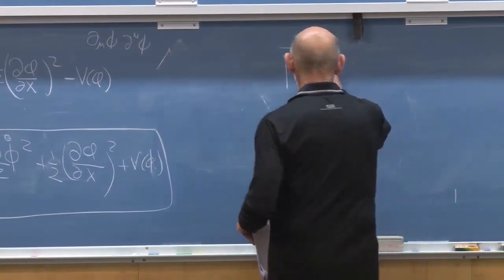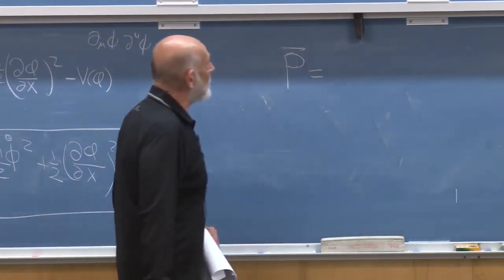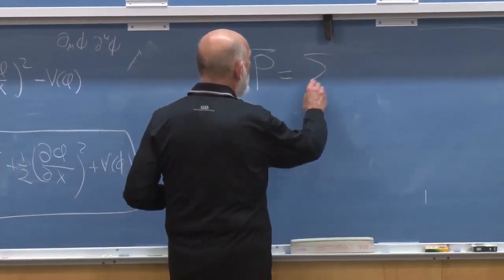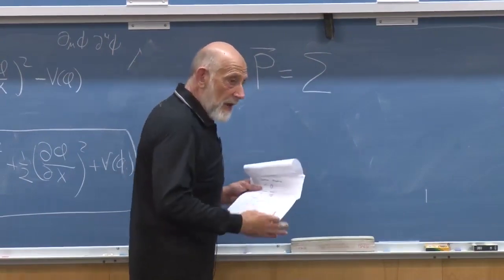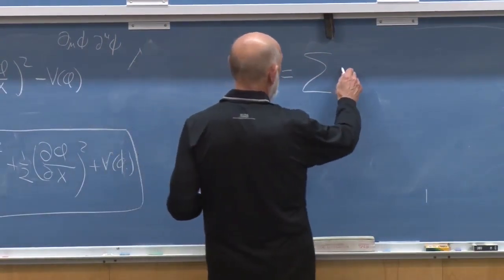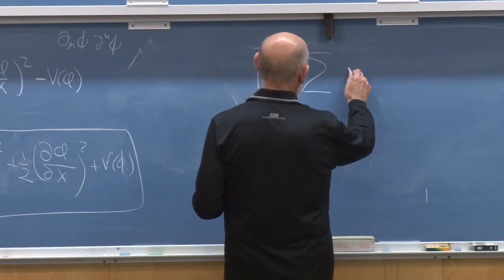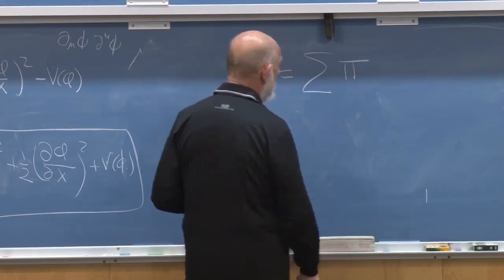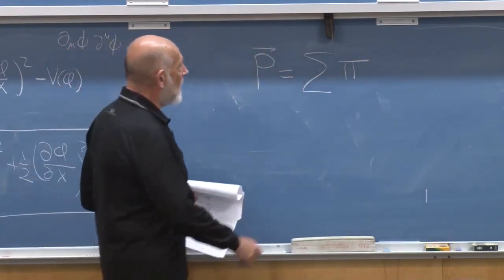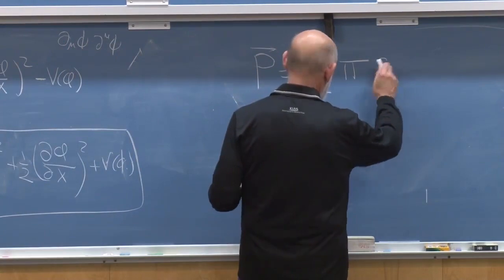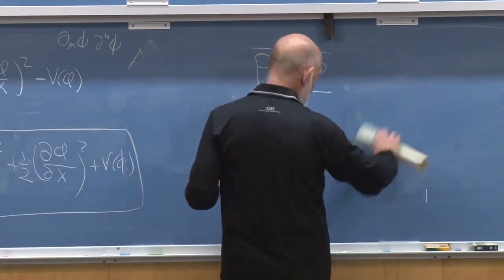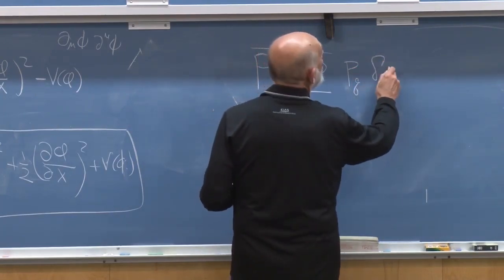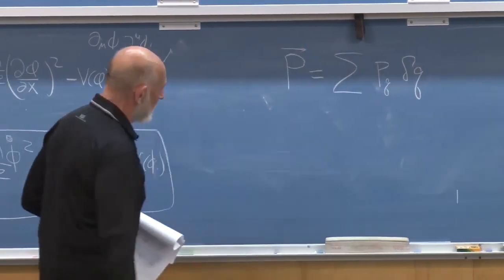Now that quantity, which is a special case of the thing that we call Q, to compute it you sum over all the coordinates of the canonical momentum times, well, let's write it first more generally, P sub Q delta Q. Remember Noether's theorem.